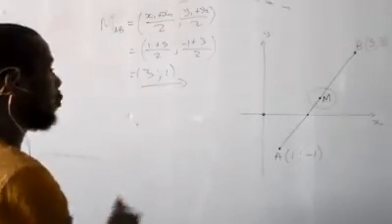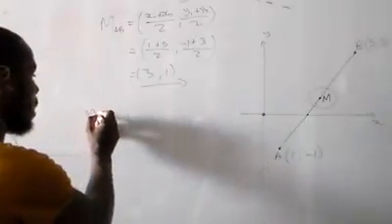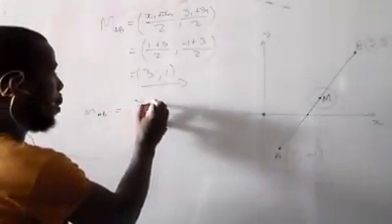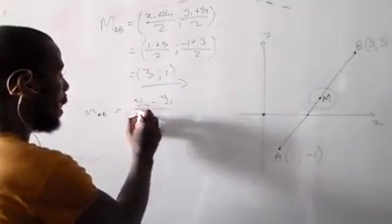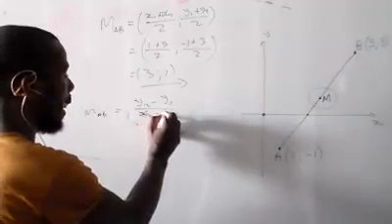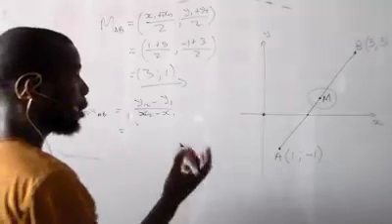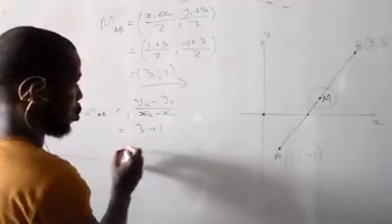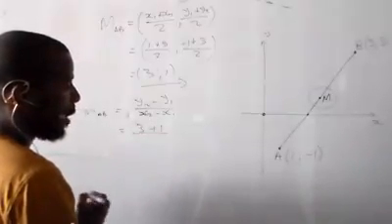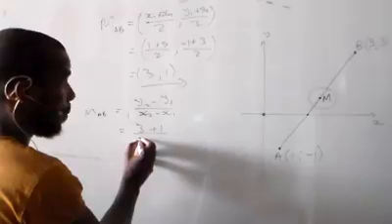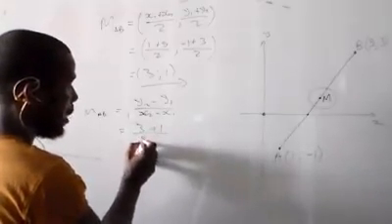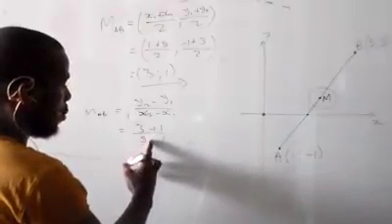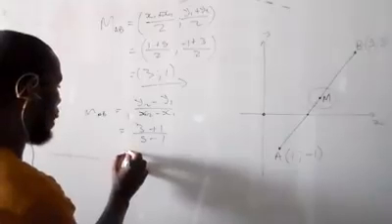The gradient of the line AB is equal to (y2 - y1) over (x2 - x1). y2 is equal to 3, y1 is -1, you change the signs, it becomes +1, all over x2, which is 5, and x1 is 1, so 5 minus 1.